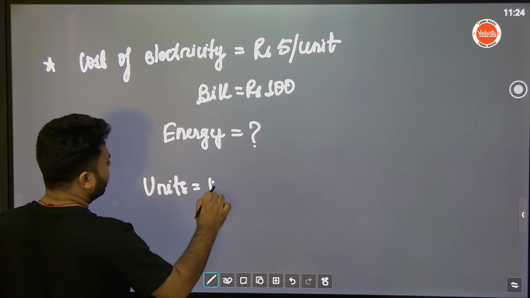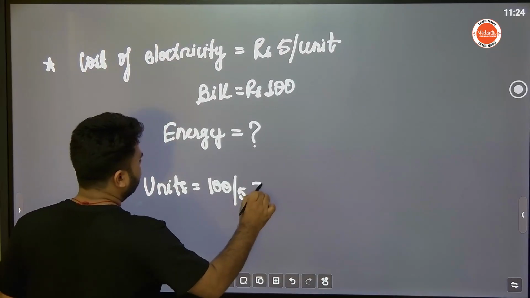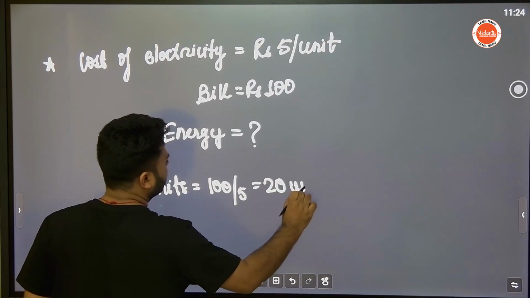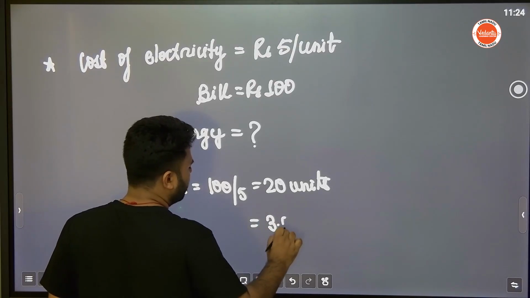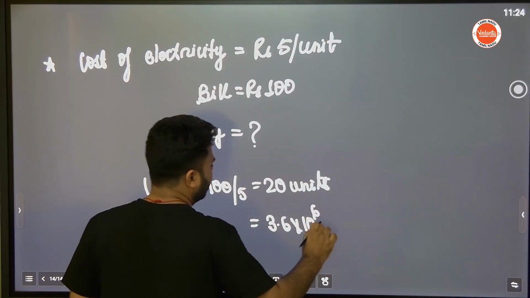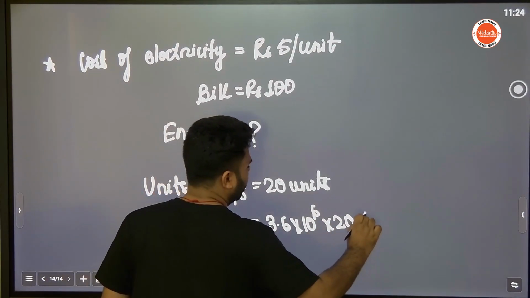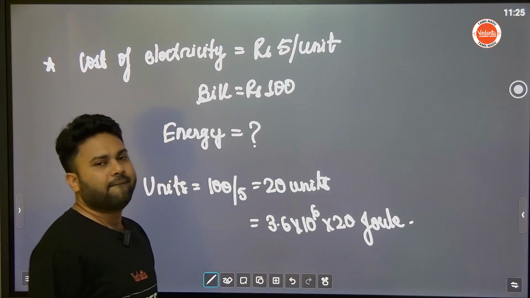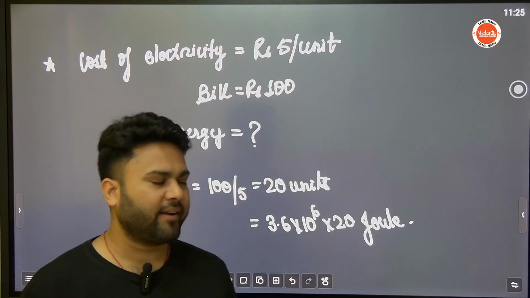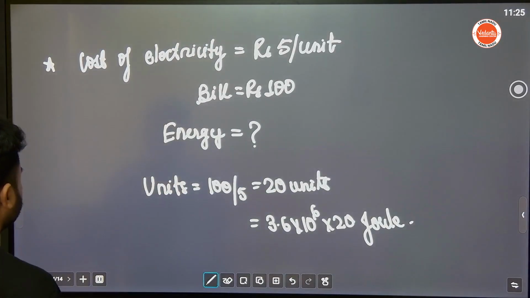Units: 100 divided by 5, that is 20 units you have consumed. And each unit is 3.6 into 10 power 6 joule. So 20 units means this much joule energy you have consumed. Correct? Okay.